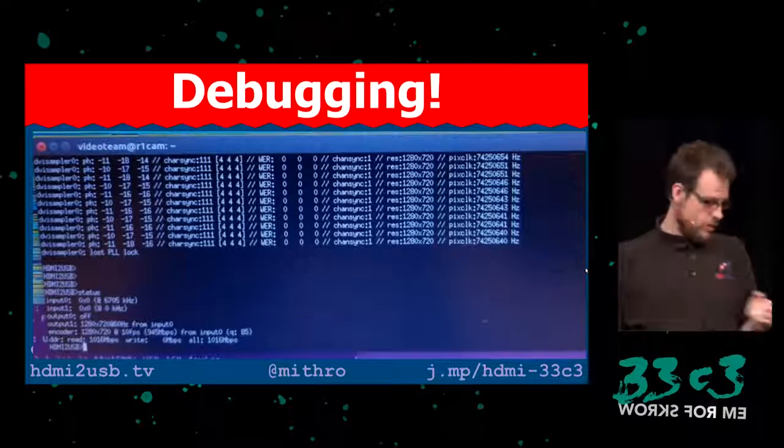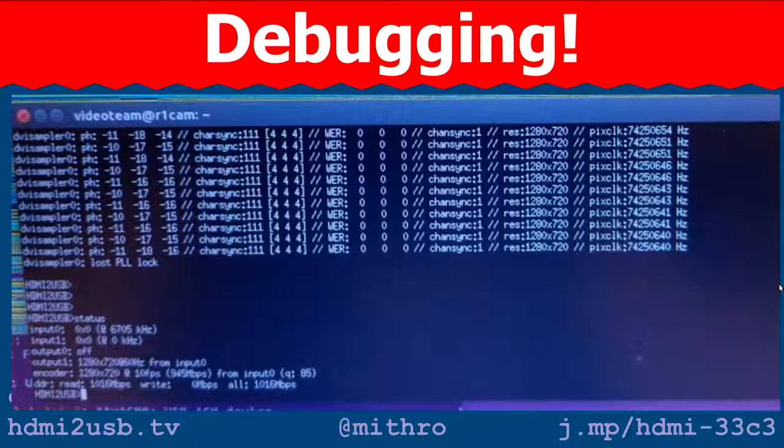And so, I remember how I said our system has a serial console. Because we have this system, we can actually delve quite deep into what's happening internally in the system and print it out. And so this is debugging from one of our systems.